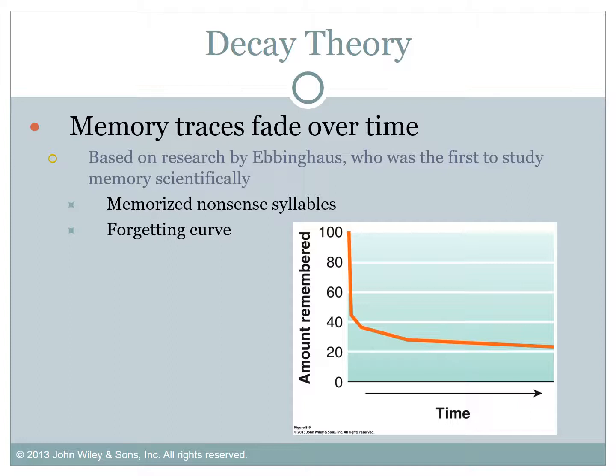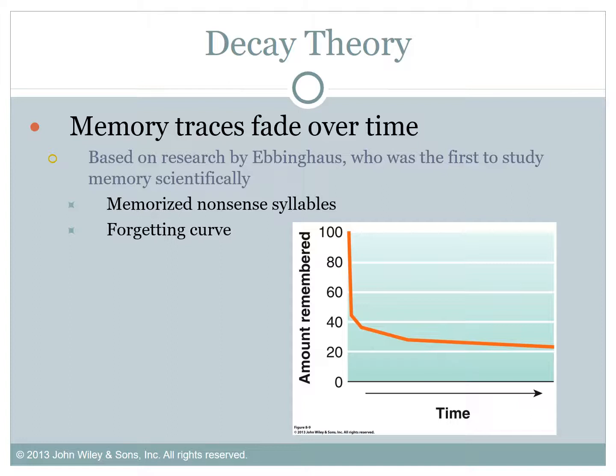So if it took him, for instance, 30 minutes to memorize 20 syllables, then he had a 30-minute learn. Okay, so he learned it in 30 minutes. And what he found was that the longer he took to take the test, the more information he forgot. In fact, this forgetting curve happened extremely fast.